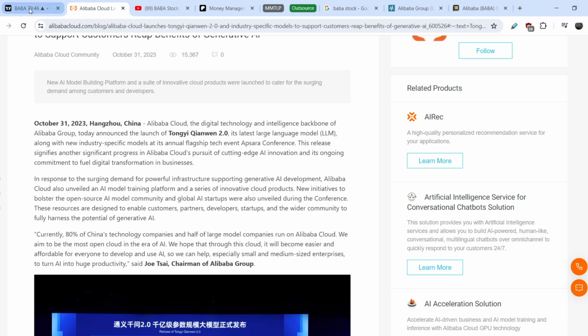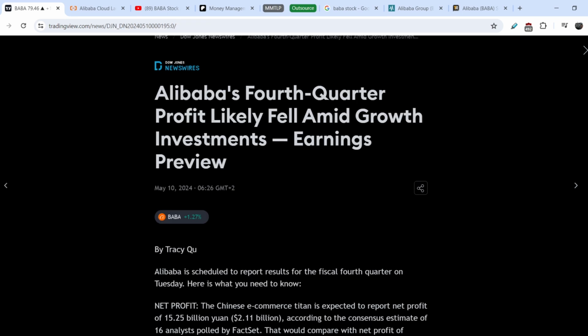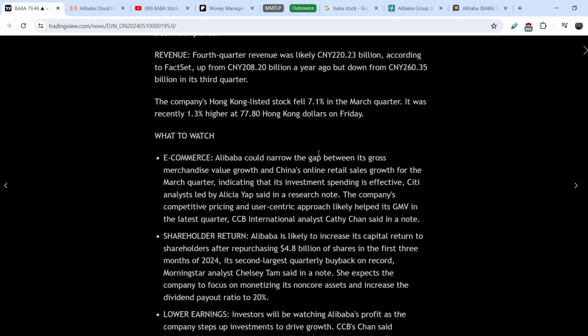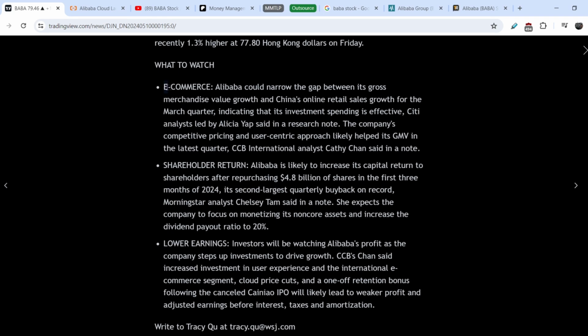On top of that, guys, if you click right here, you can see another quite interesting news. Alibaba's fourth quarter profit likely fell amid growth investment, earnings preview. And here you can see what to expect. Let me quote you these 3 bullet points. E-commerce.